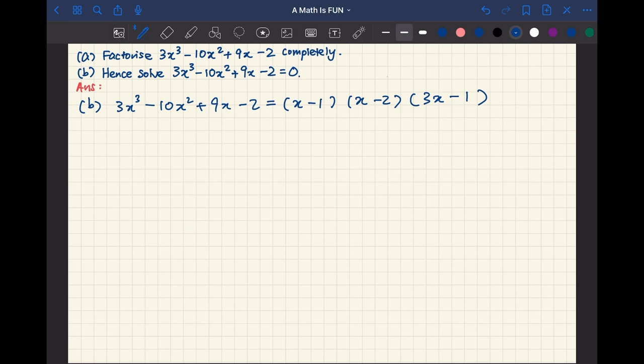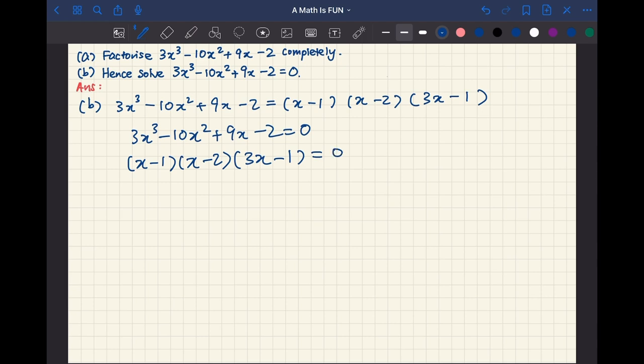Okay, so now we proceed to solve the cubic equation in part B, and most of the hard parts are done. So if we set 3x cubed minus 10x squared plus 9x minus 2 equals 0, that is equivalent to saying x minus 1 times x minus 2 times 3x minus 1 equals 0.